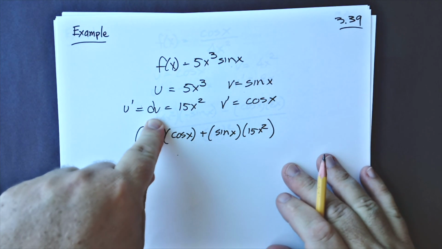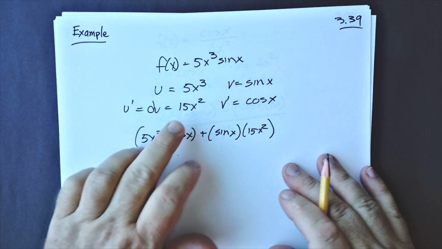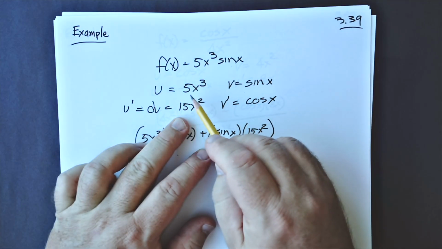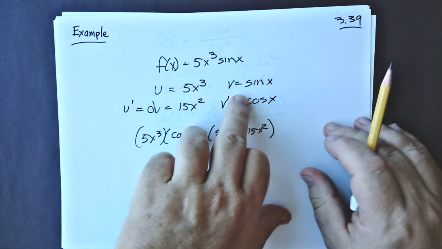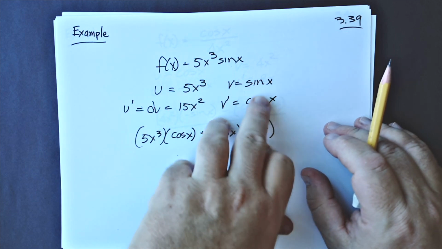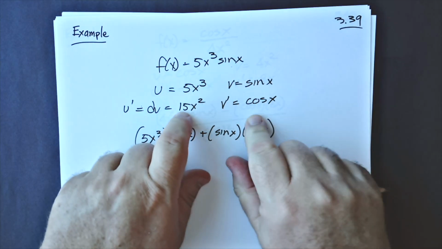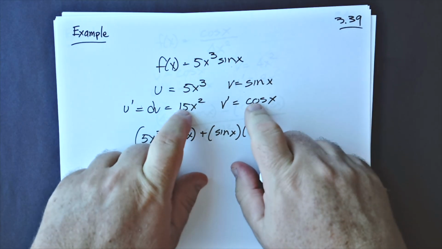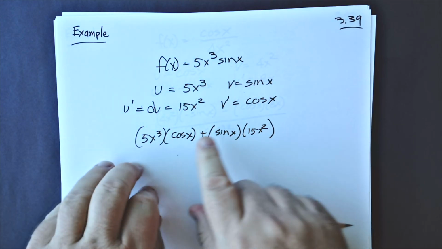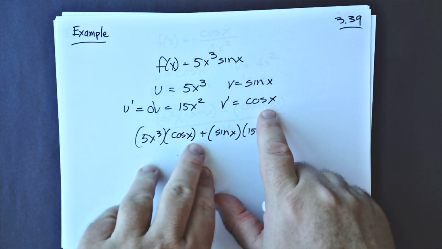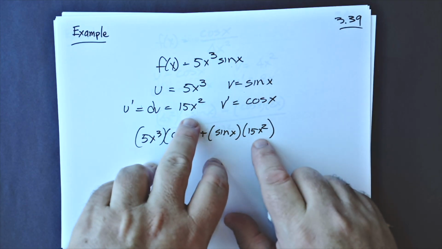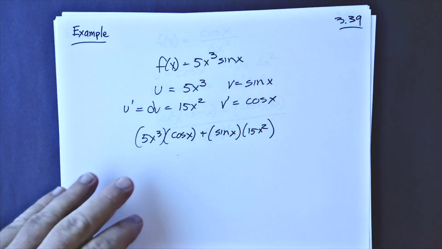If you see this du, it's the same as just u prime. The derivative of this, the du for this, is 15x squared. And over here, the v prime, or dv, as the case may be, the derivative of the sine we just learned is the cosine. So there's my 4 components, my 4 pieces that go into my formula. Here's the u, right there. Here's the v prime, right here, plus v u prime, or dv. And that is the answer.